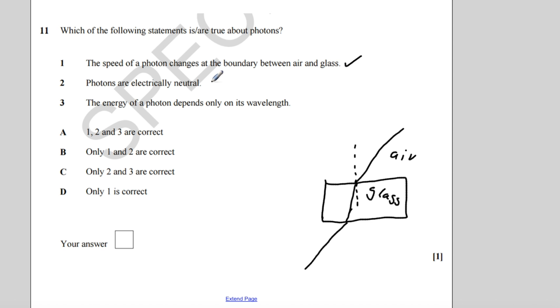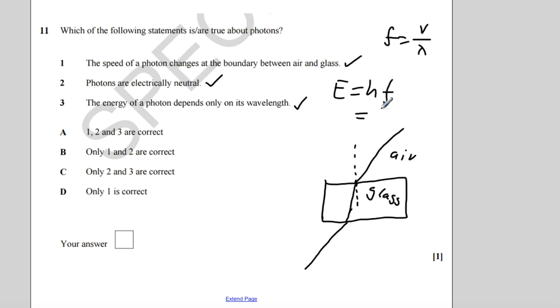Photons are electrically neutral, so that one's true as well. There's no positive or negative charge on photons. And the energy of a photon depends on its wavelength, and that one's true as well, because we know that the energy of a photon is hf, so Planck's constant times the frequency, and frequency is the velocity of a wave divided by its wavelength.